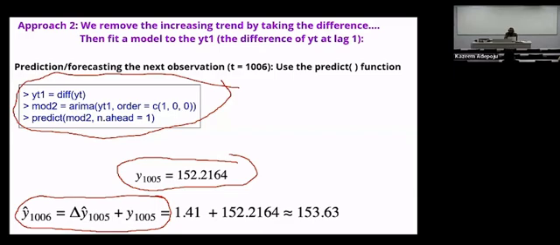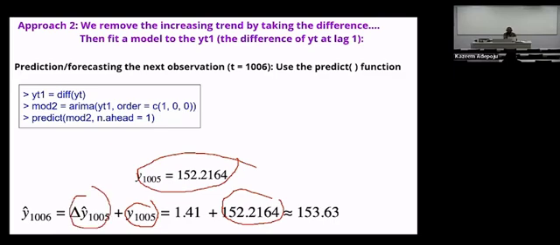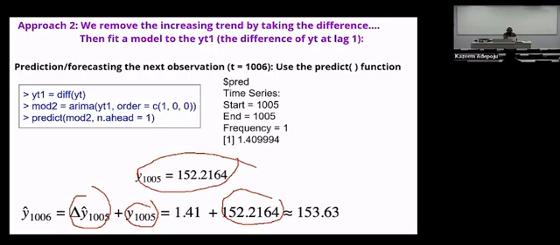Of course, we already know Y1005. We know it from the last data point to be this. That's what I plug in here. But the question now, how are we going to figure out the change? Okay, I'm going to show you now. You're going to see how we're going to figure that out.